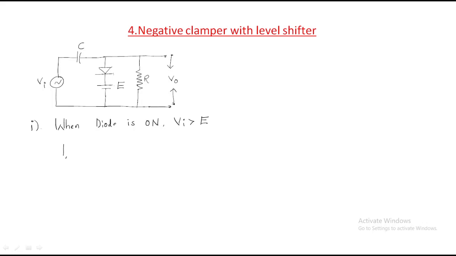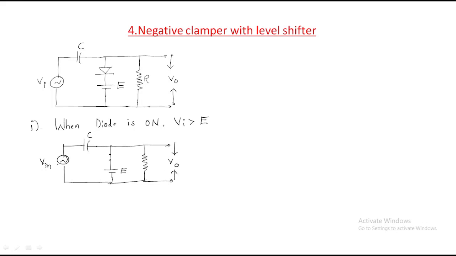This is the input voltage, the capacitor is there, and the diode will be on, which means it becomes short circuited, and it has the E biasing voltage, and this is the resistor and this is V0.